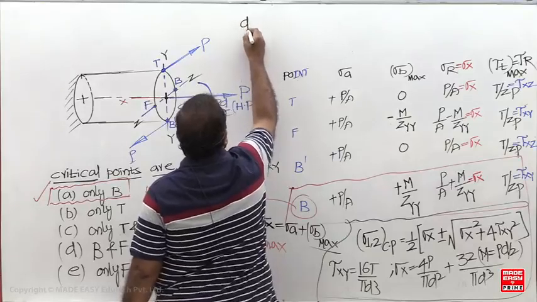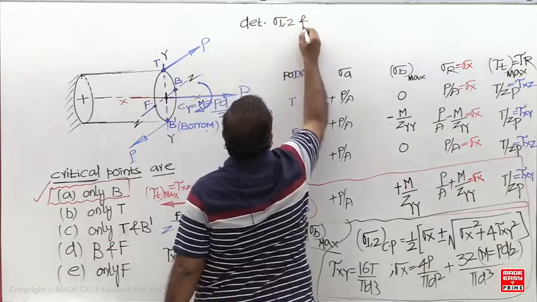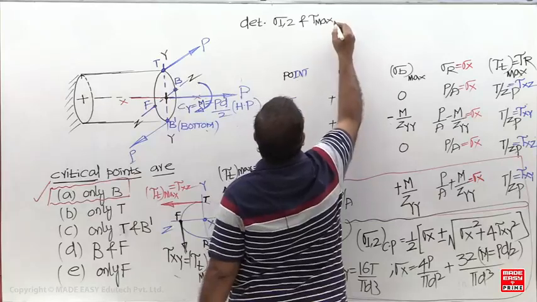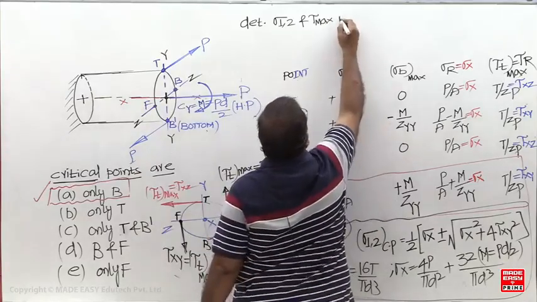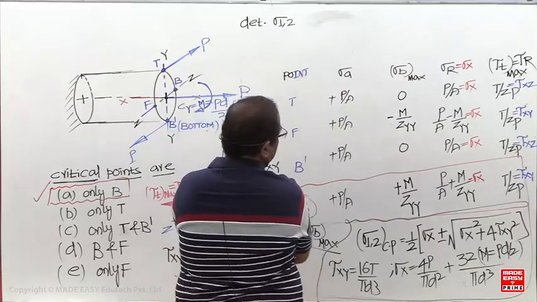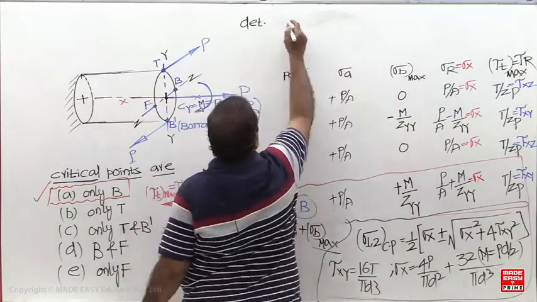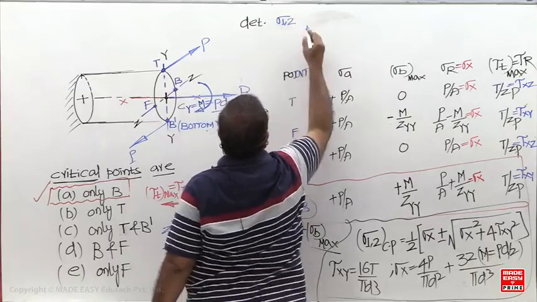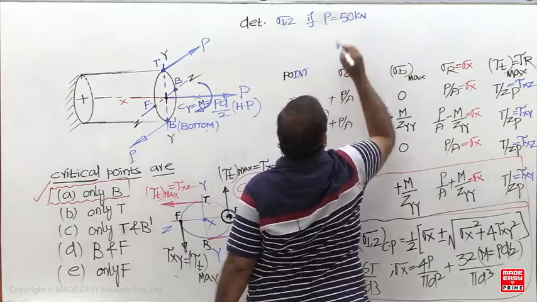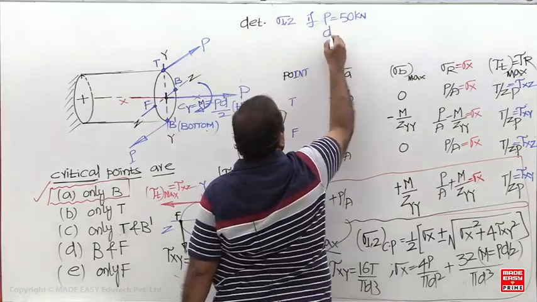Determine the maximum... sorry... if P is 50 kilonewtons and D is given.